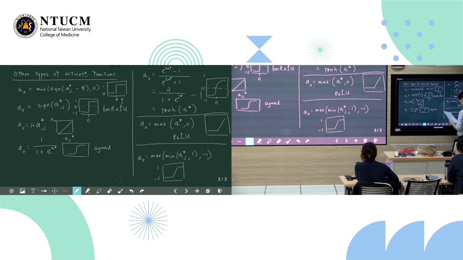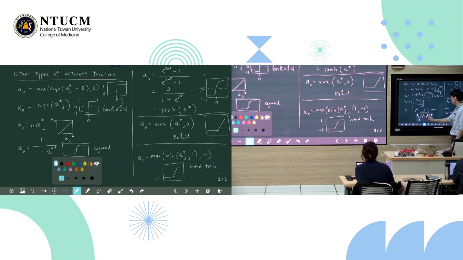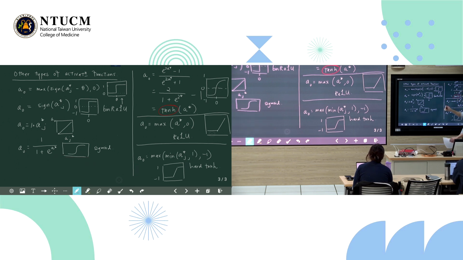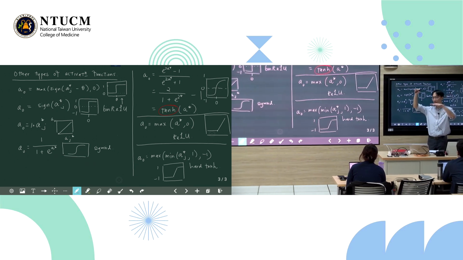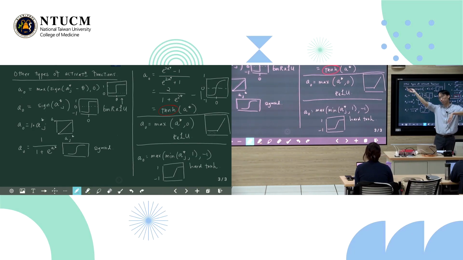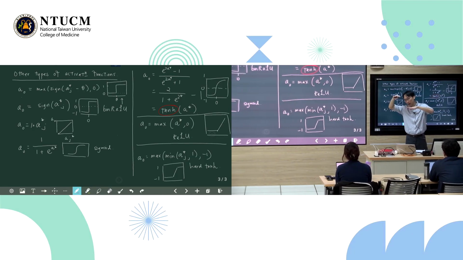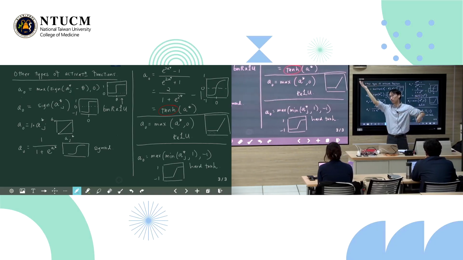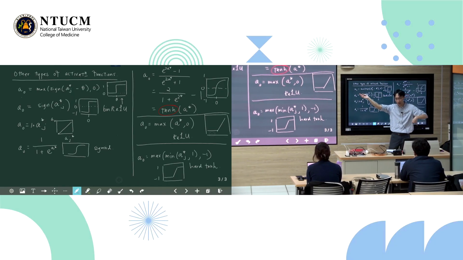And we call this the hard tanh. Okay, because this one, the tanh, is kind of keeping the activity. It can be negative, it can be suppressed, it can be positive, but they have a limit. They don't go beyond 1 or minus 1.